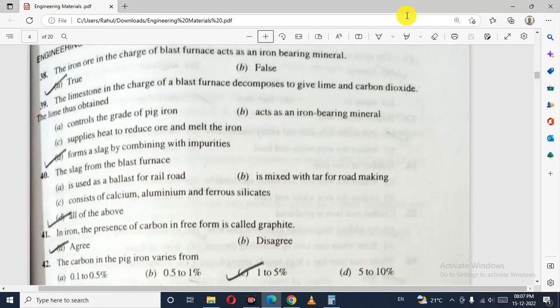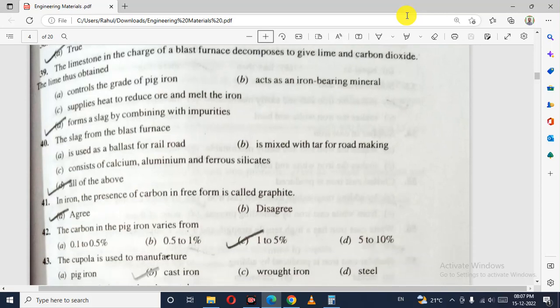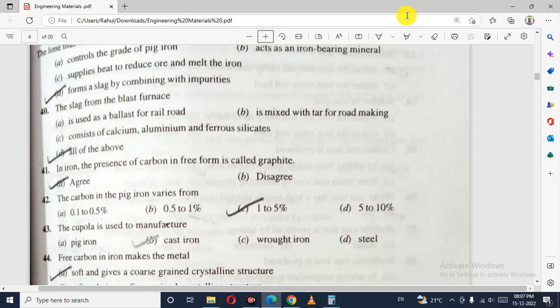In iron, the presence of free carbon is called graphite. Agree. The carbon in pig iron varies from 1 to 5%. The cupola is used for manufacturing cast iron.